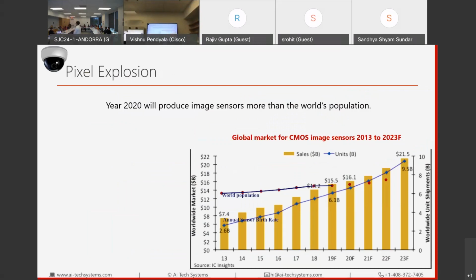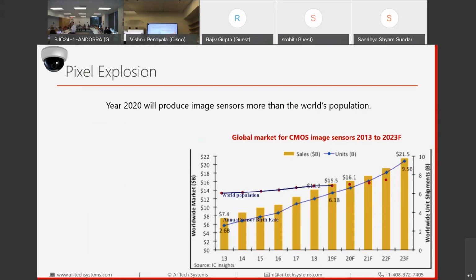So, pixel explosion, just on the vision, right? Here's the data. This slide shows how the sensors are growing. On the right-hand side, the blue line shows the number of image sensors that are produced every year. And the top blue line is the world population.